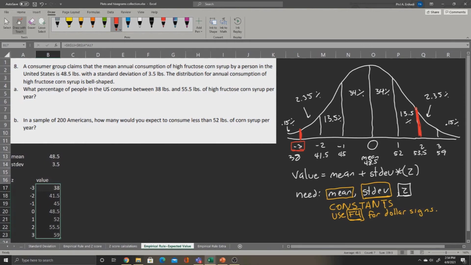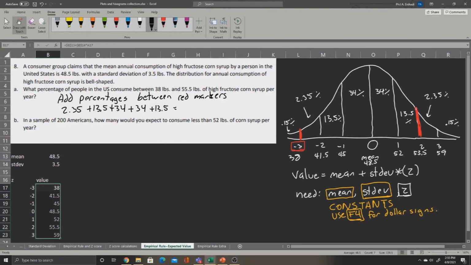This is marked as z equals positive 2 and a value of 55.5. To find the percentage, we will just need to add the percentages that are between those two markers. We would need to add 2.35 plus 13.5 plus 34 plus another 34 plus 13.5 again. Those are the percentages that are in between the red markers.